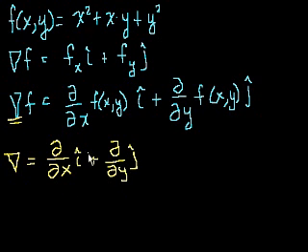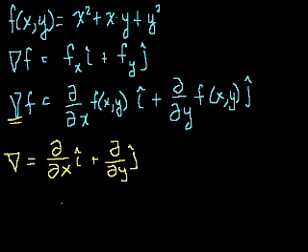And if you wanted to do it in three space, that's not going to apply to our problem because we only care about 2 dimensions right now, even though we're applying it to a 3-dimensional surface. You could do the partial with respect to z times the k vector, and then you could extend it to n dimensions, but it becomes hard to visualize beyond what we're doing right now.